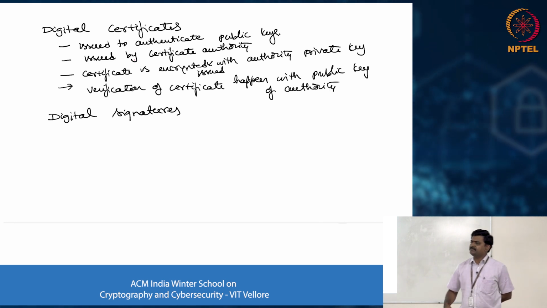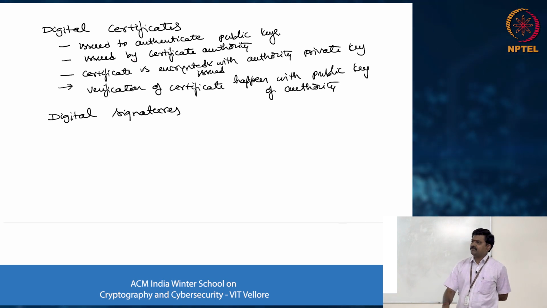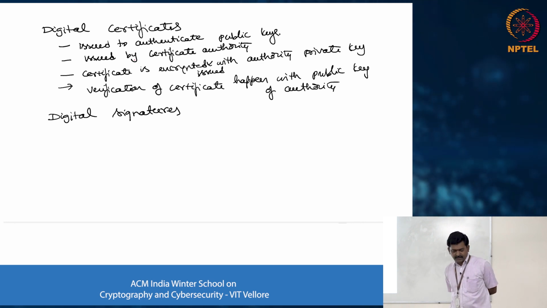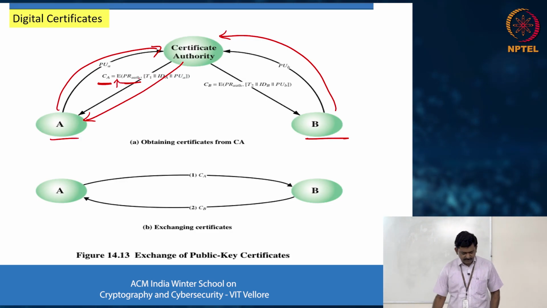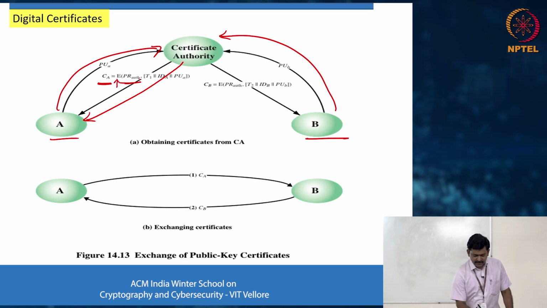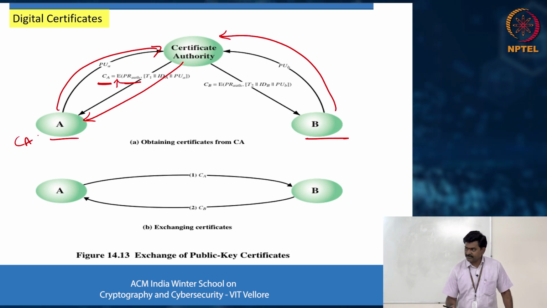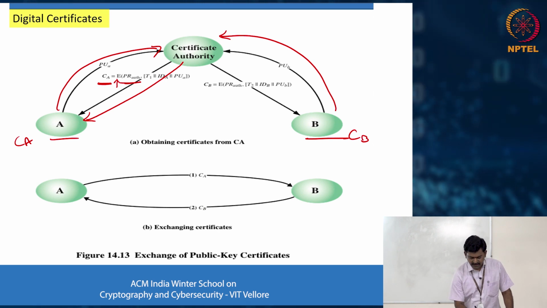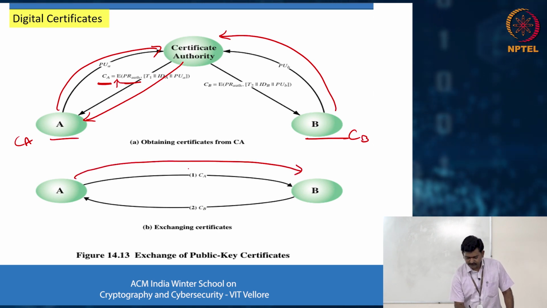Anybody can verify it, because anyone knows the public key of the certificate authority, so they can verify the certificate, right? So in this scenario, if you notice, A got her certificate, B got her certificate. Then what do they do? They exchange the certificates.